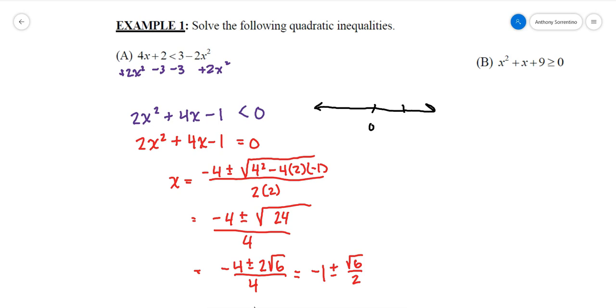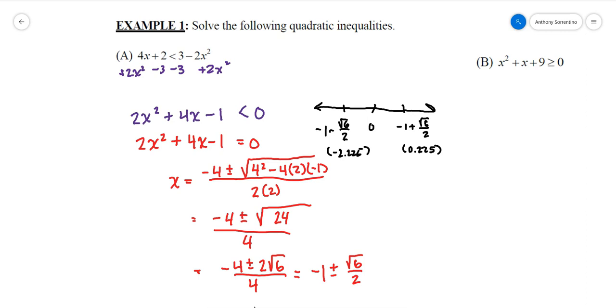But I can say that -1 plus the square root of 6 over 2, which is about 0.225, is over on this side. And of course, it stands to reason that -1 minus the square root of 6 over 2 starts negative, and me subtracting more from it is going to be more negative. If I carry through the subtraction, that's about -2.225.